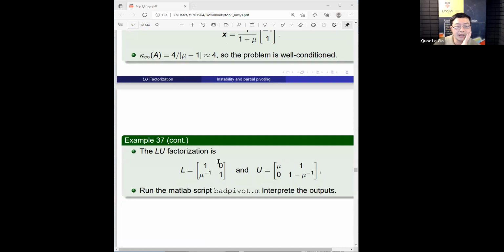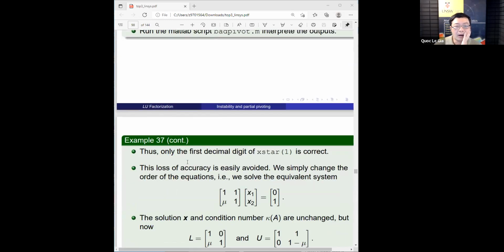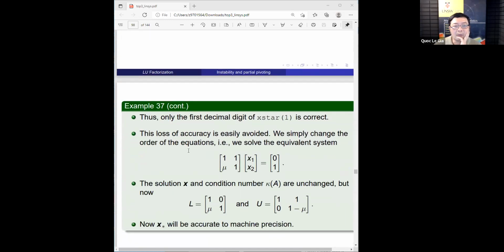The reason is, if you change the rows, the condition number is unchanged, but the matrix L and the matrix U have changed.